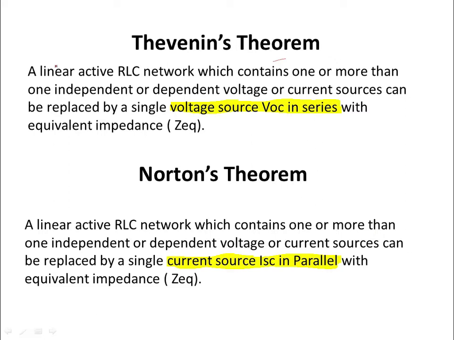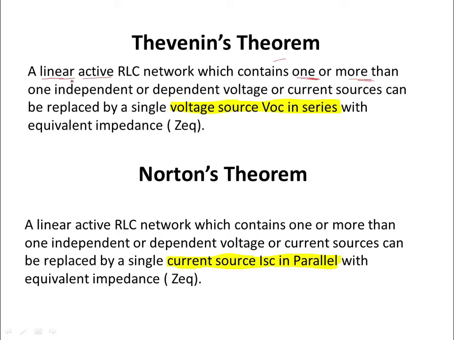So let's start with Thevenin. Here also you have to note these basic terms which can be asked in question form in examination. In the superposition theorem, it is applicable only when more than one independent voltage or current source is there. But in Thevenin's theorem, even one independent source will work.